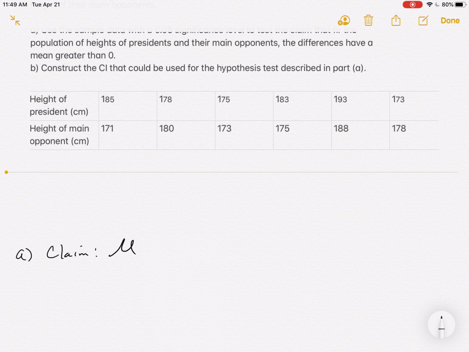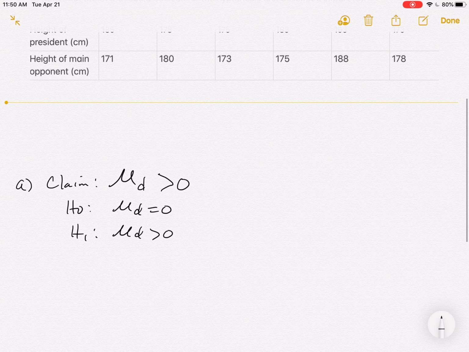So here's the differences in the heights for every single presidential candidate, and we want to show that that's greater than 0, which would mean that the president is taller, right? That would test that theory. The null hypothesis would be mu d equals 0, and the alternate would be the claim itself. We know already that this is a right-tailed test, and that 0.05 is in that one tail.